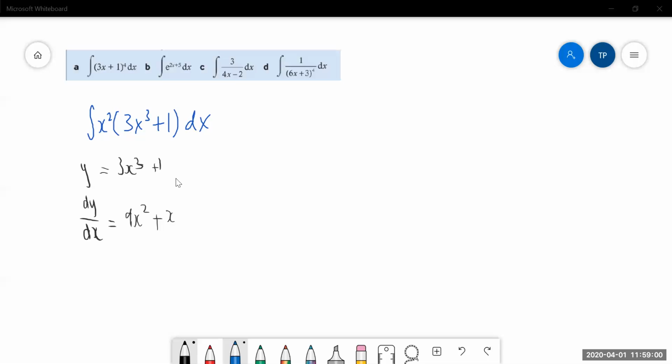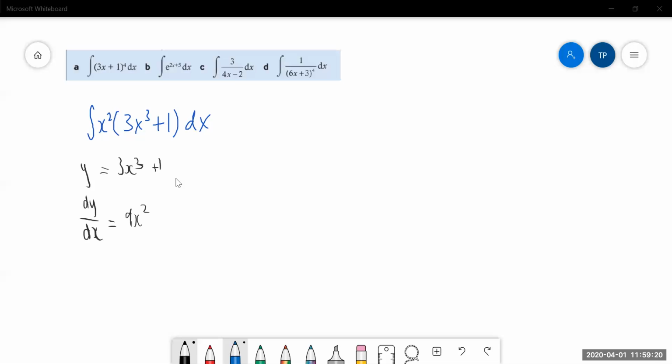No, it just disappears. When you integrate a constant, you get x. Yes, that's true. When you differentiate a constant, it just disappears, it becomes 0.